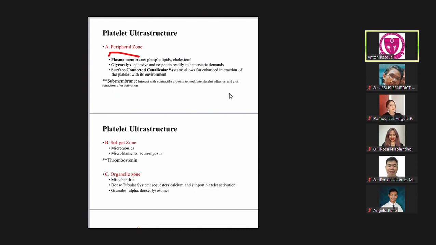Pag sinabi nating peripheral, o kunyari, ito yung platelet natin, nasaan dyan yung peripheral zone? Peripheral. Sinabi nating peripheral, periphery. Nasaan dyan yung peripheral zone natin? This is your platelet here.